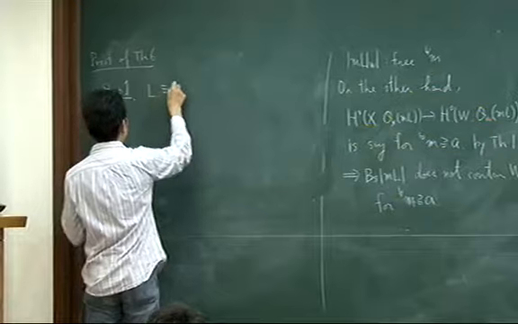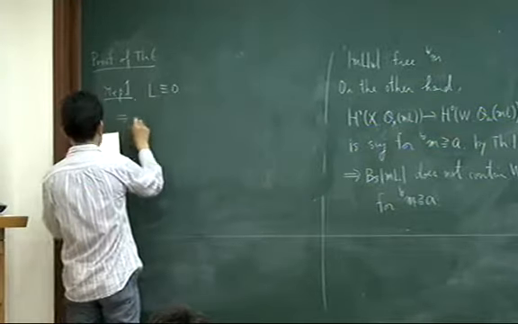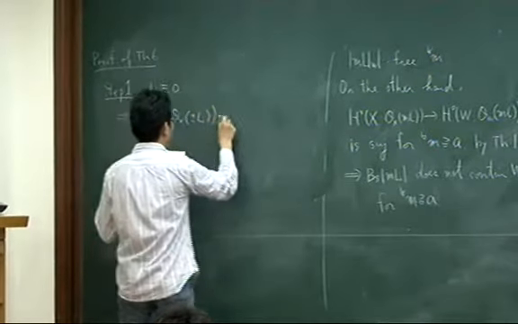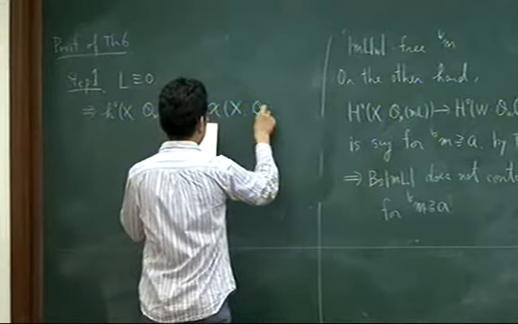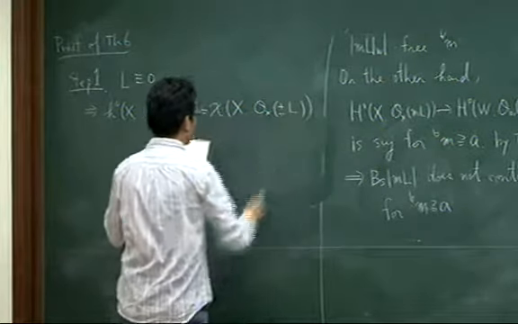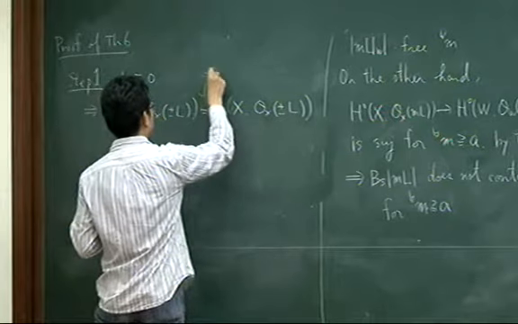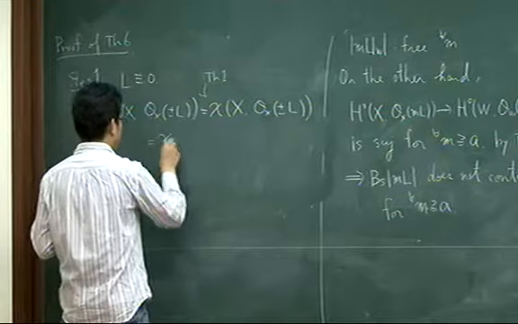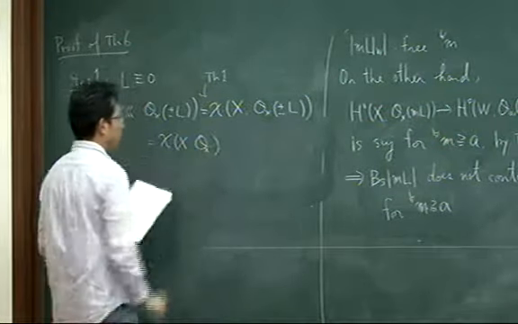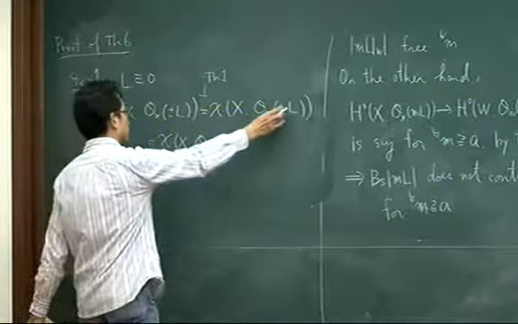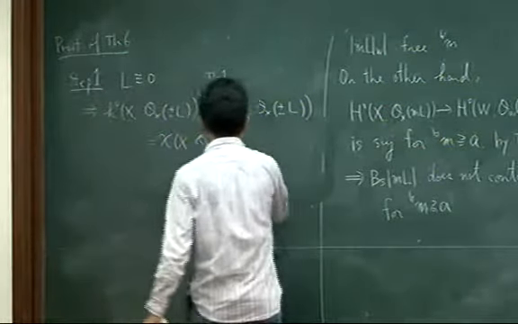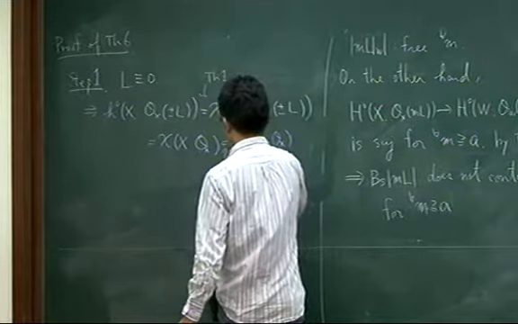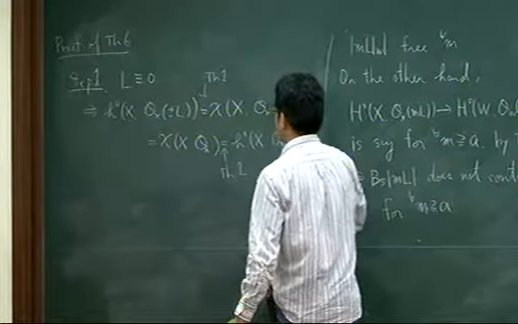Step 1. If L is numerically trivial, then h0(X, O_X(±L)) equals chi(X, O_X(±L)) by theorem 1, the vanishing theorem. And this is equal to chi(X, O_X), because L is numerically trivial, and this is equal to h0(X, O_X), which is 1.